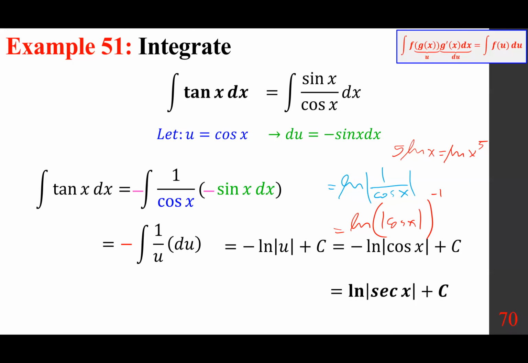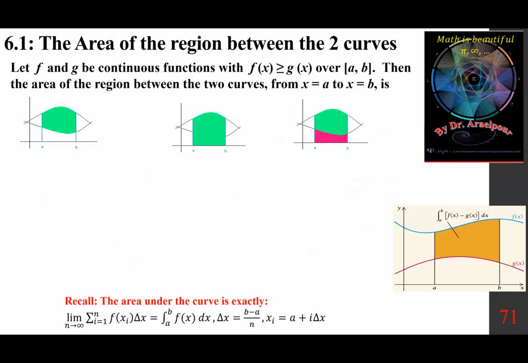Let's switch gears, go to the area of the region between the two curves. Let f and g be continuous functions with f being larger than g, meaning it's above g, from a to b. That means it doesn't matter what happens afterwards, we're just interested in a given interval. Then the area of the region between the two curves from x equals a to x equals b is this one.